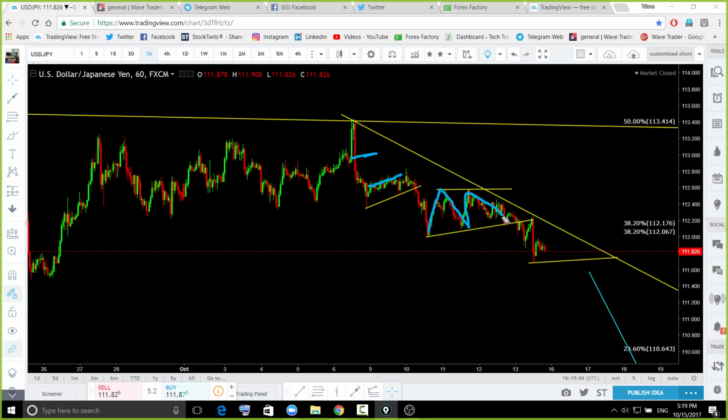Those who are not in that trade need to understand that you are already late into that move. Where you can look for a sell is somewhere here, once price completes that formation. Then you can get a chance to get into the market. So you are already late.